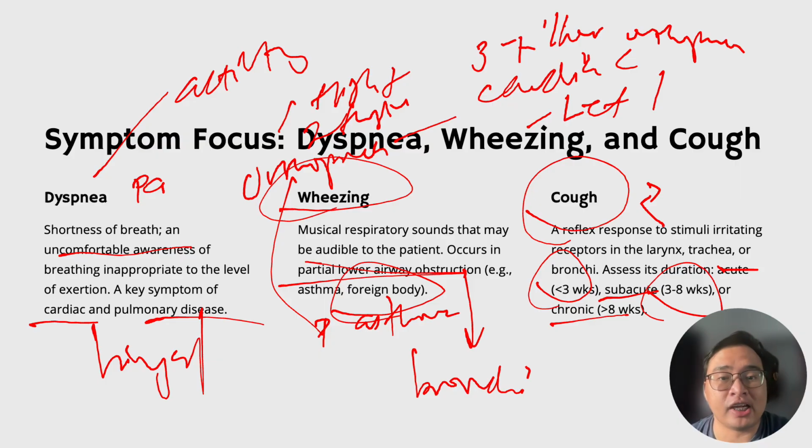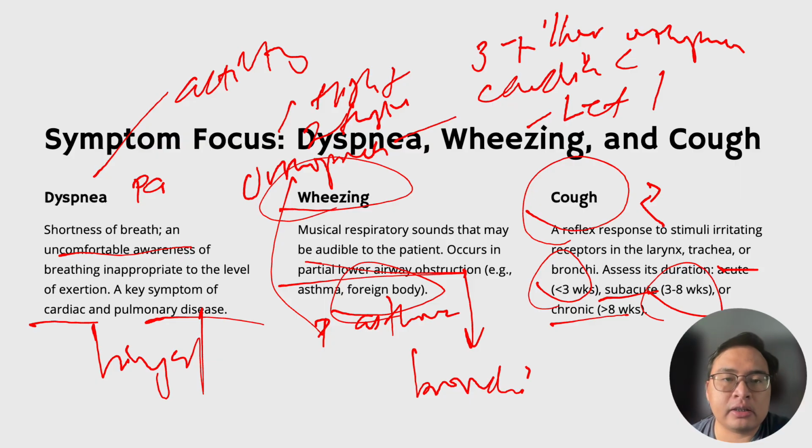Therefore, they have a lingering cough. Okay. Of course, you also need to rule out a bacterial conversion of the viral cough. Okay, and lastly, we have chronic cough, which lasts more than 8 weeks.